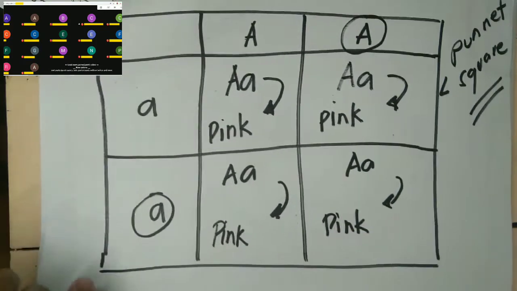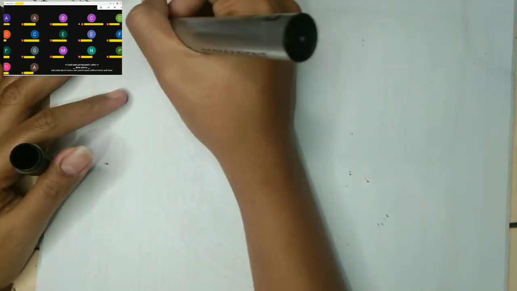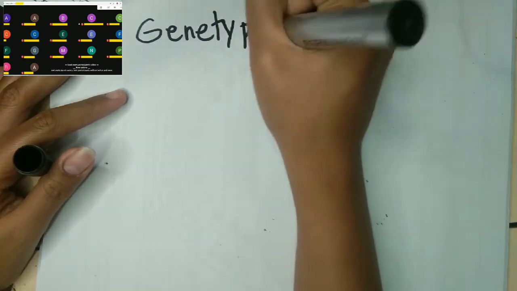Okay, so next step, we have to determine its genotypic ratio and phenotypic ratio. For the genotypic ratio, I'm just going to write this down.